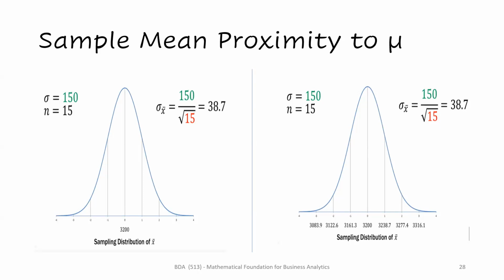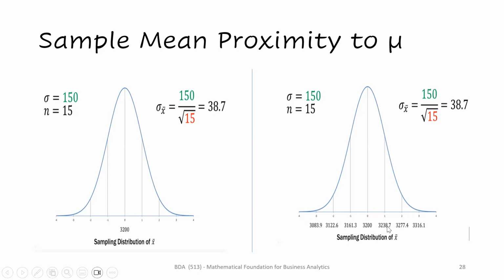You see the diagram on my right. When it was 3,200 and we moved 1 standard deviation, we added 38.7 to the 3,200. Now for 1 standard deviation, it becomes 3,238.7. Can you see that? Yes, sir.